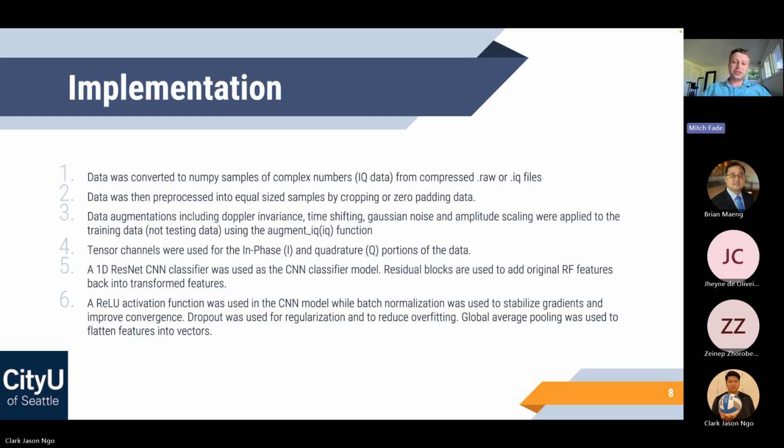And the 1D ResNet classifier was used as the classifier model. The residual blocks are used to add original RF features back into the transformed features. And then a ReLU activation function was used to be able to identify nonlinear patterns in the data, while batch normalization was used to stabilize gradients and improve convergence. Next slide.